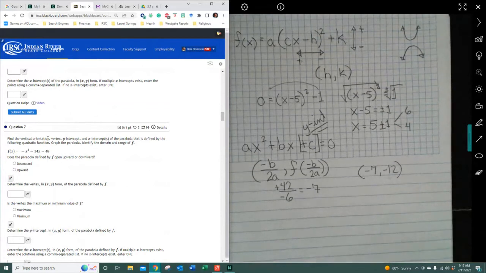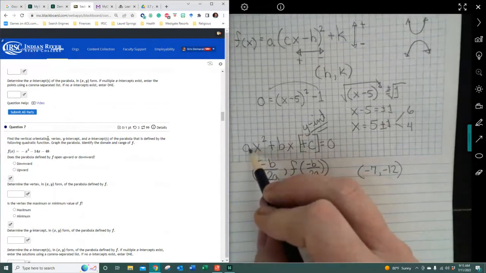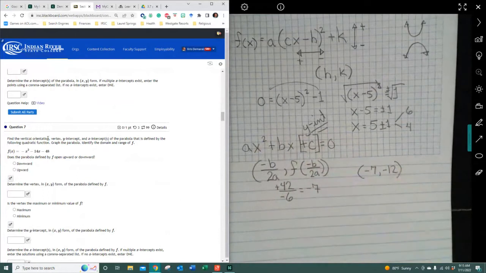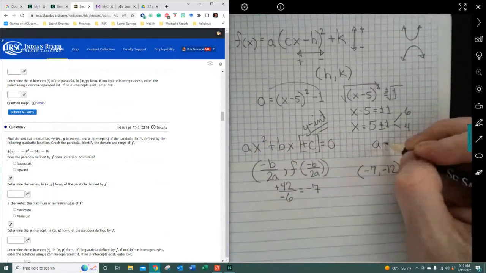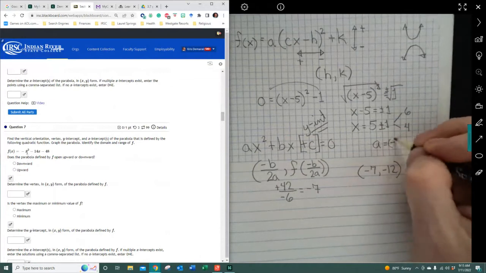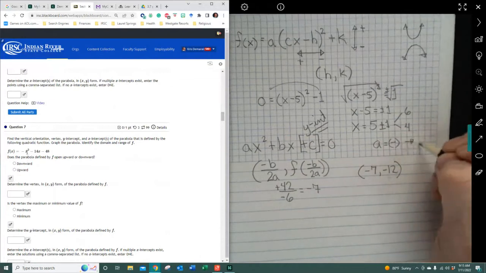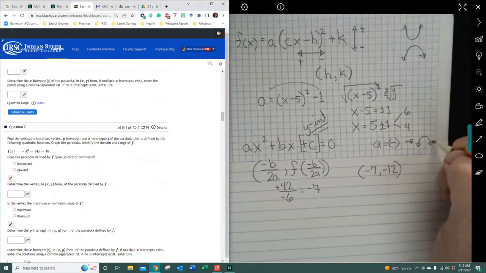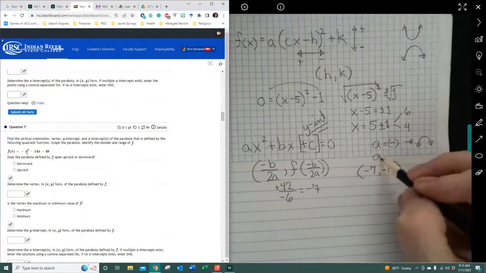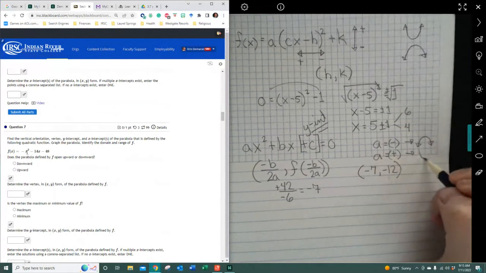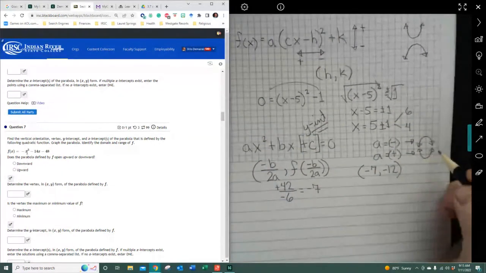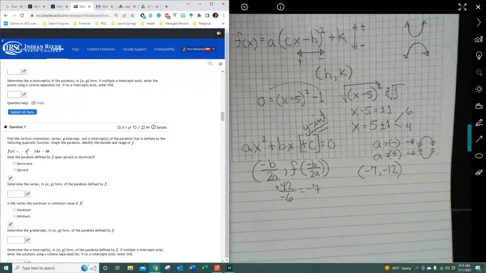Whenever A is negative, it's going to open down. Whenever A is positive, then it's going to open up. So this one's what we call a downward parabola.